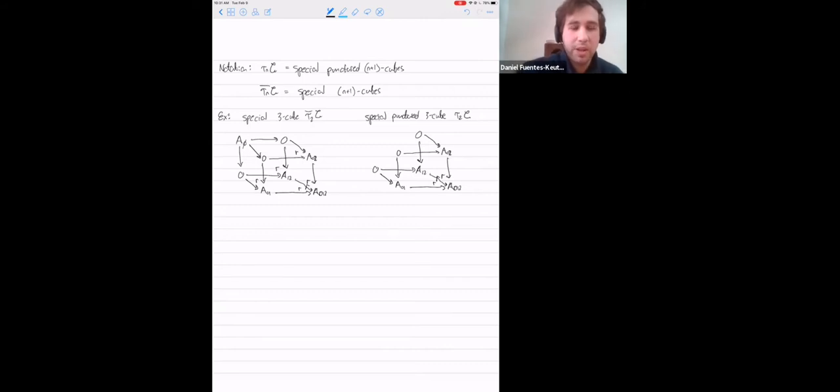They look very similar, but it turns out that the special punctured cubes are much more interesting. In particular, the cube on the left is actually given by very little data. So there's a span. Starting from Tn bar of C, I can go to Tn of C by just forgetting the initial vertex. I can also get back down to C by evaluating at the initial vertex. And it turns out that this left-hand arrow here is actually a trivial fibration.